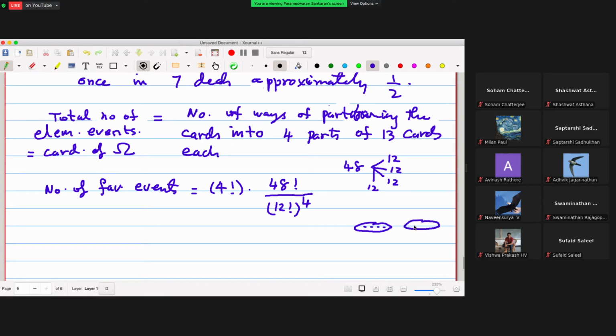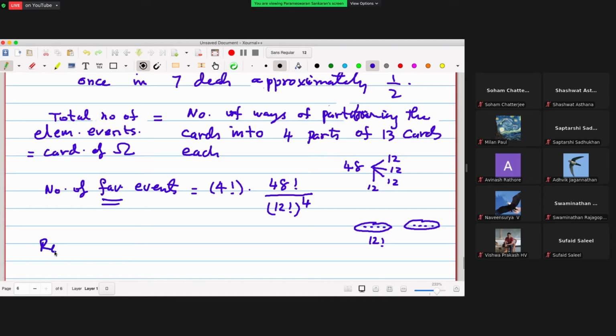And likewise, for the second person, in which order the remaining 12 cards were dealt doesn't really matter, and so on. So within each group, there are 12 factorial possible arrangements, which you should consider as one single group. So there is an overcount by 12 factorial times 12 factorial times 12 factorial and so on, 4 times. That is 12 factorial to the power 4. This is the number of favorable events.